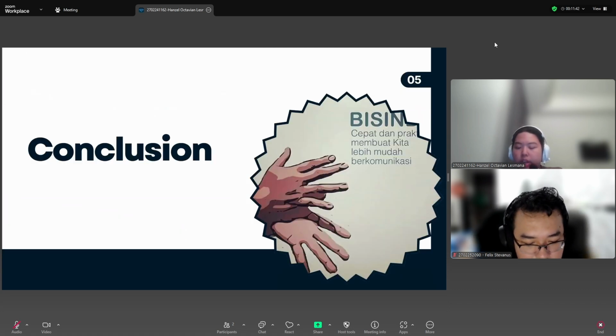The conclusion is, in short, we developed research able to recognize Bisindo Sign Language using the CNN model MobileNet V2.